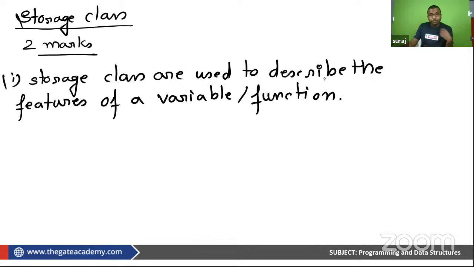So storage classes are used to describe the features of a variable as well as of a function. These features include the scope, what will be the life, and what will be the default value, meaning if you are not giving any initialization to that variable, then what default value it is going to have. So you write with me.